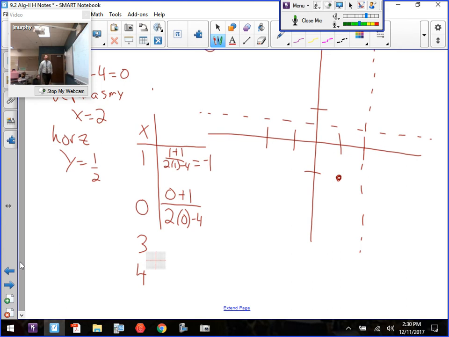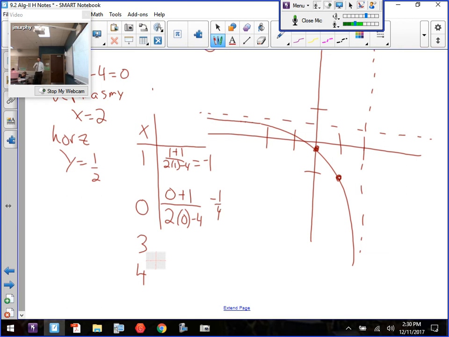At 0, you get -1/4, which means at 0, I'm getting closer to here. So between those 2 points, can you tell what direction this is moving? Yep, exactly. It's moving up and to the left. That's why you need 2 points to figure out what direction you're going. Okay?